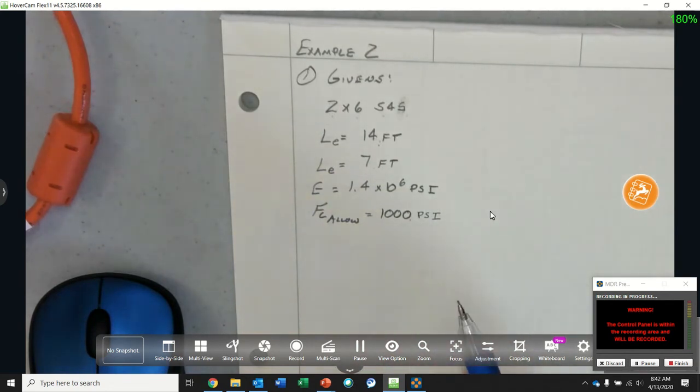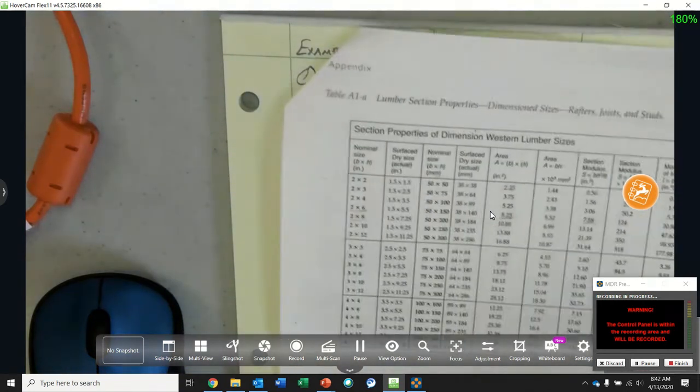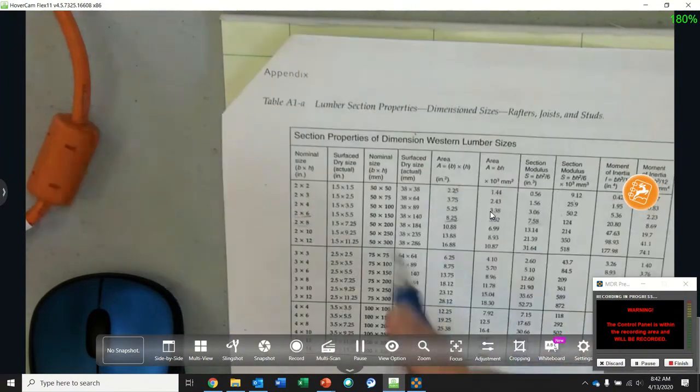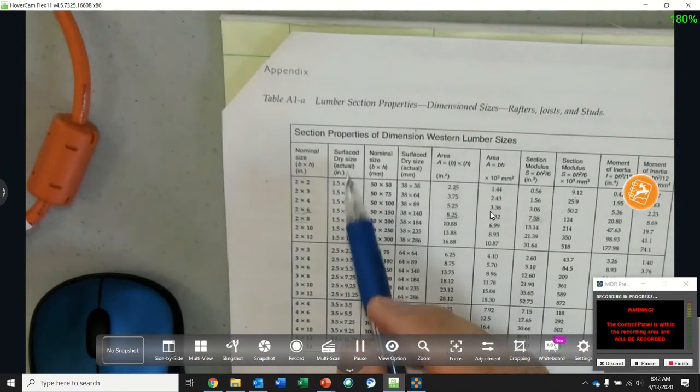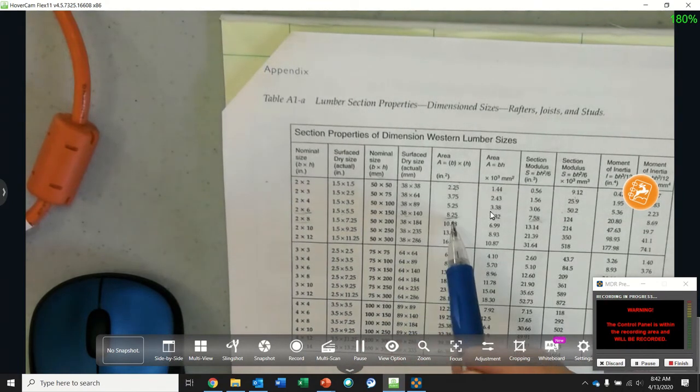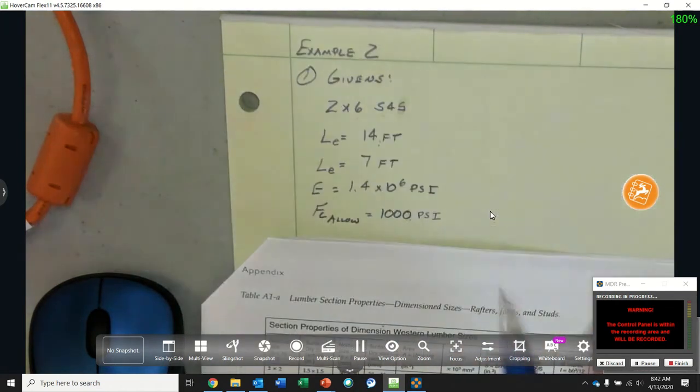Looking into tables, it's a 2x6, surface dried actual dimensions. I can get my area right off the chart, because I'm going to need my area.